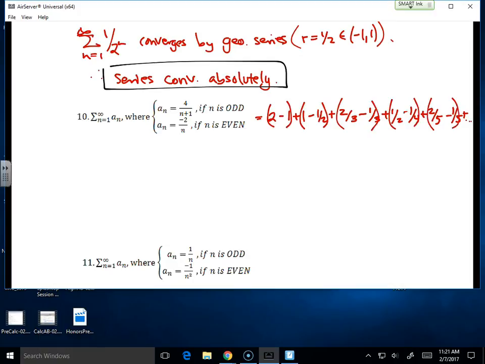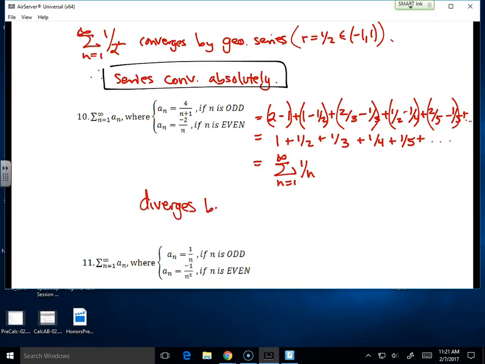Oh, the denominator. It's 1 over n. Oh, that's pretty cool.